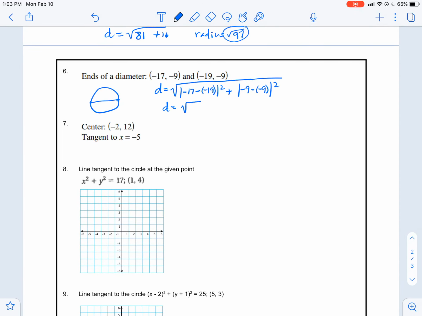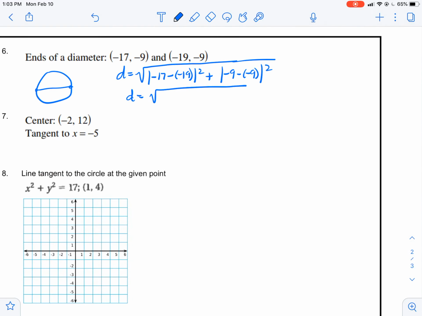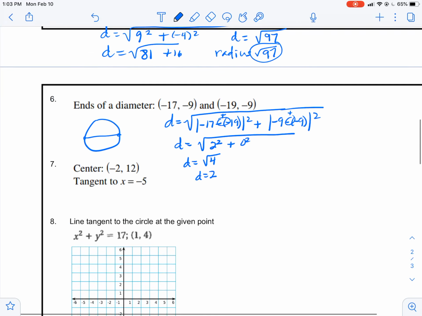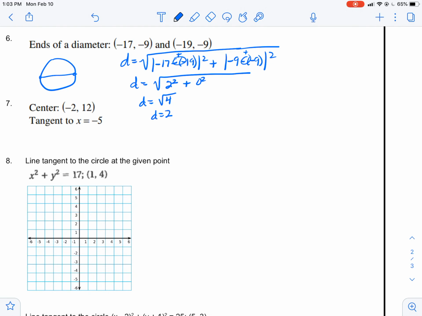So this would be the square root of, that's going to give me 2 squared. And it looks like here we've got 0 squared. So d equals the square root of 4, which is 2. So now that is my diameter, but my radius is going to be half of that, which is just 1.